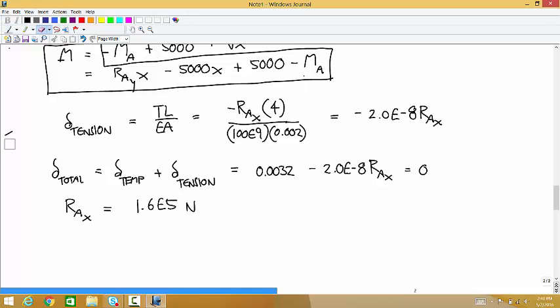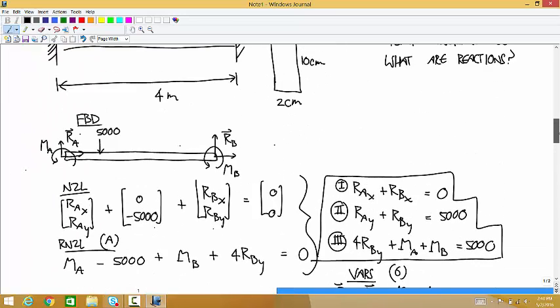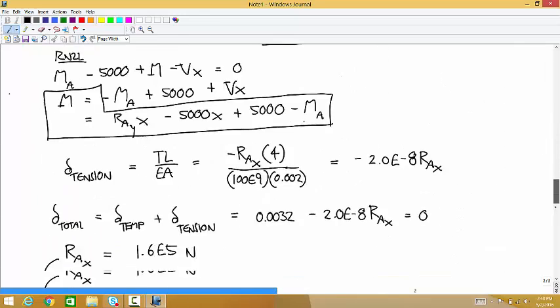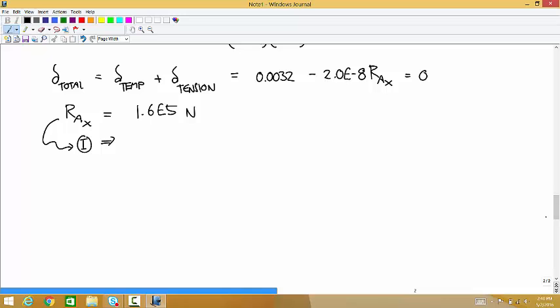And so now we can go back, plug that into equation, I think it was 1. And so our BX is just the opposite of that. So our BX is equal to negative 1.6 times 10 to the 5th newtons.